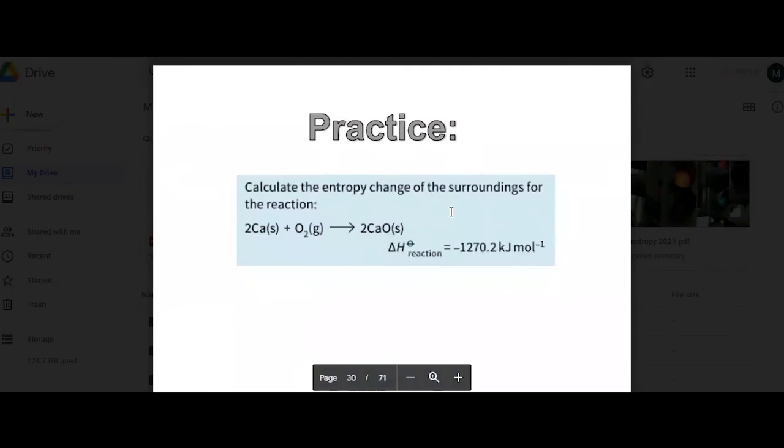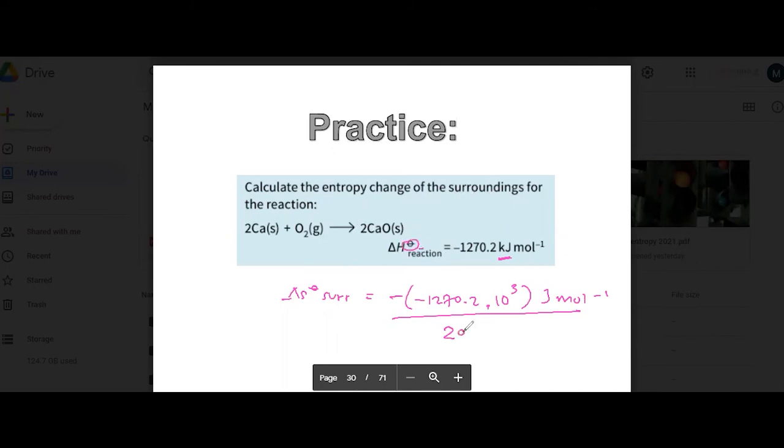Okay, let's practice. Calculate the entropy change of the surroundings for this reaction. So delta S surroundings once again is minus delta H of the reaction over T. So minus the delta H, which is in kilojoules, so you should convert to joules, over, this is standard, right?